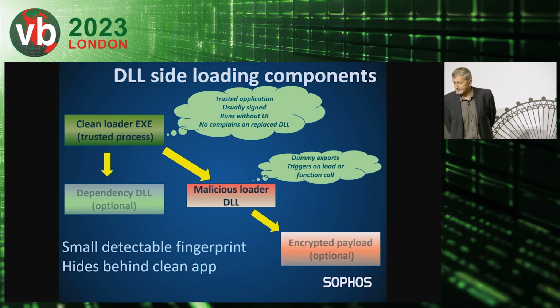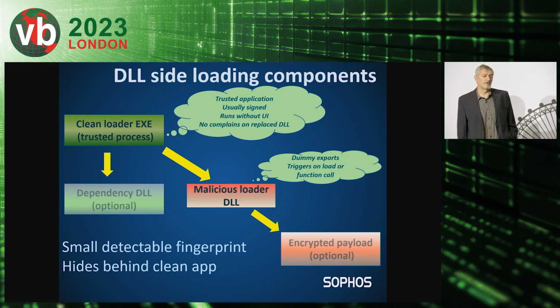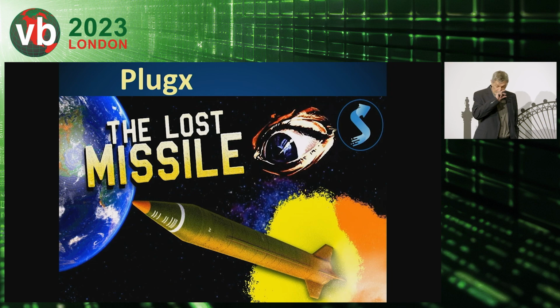In that case, the system will only contain a DLL file with a simple functionality: open a file, decrypt the content, and execute the content. And also an advantage of sideloading is that all the malicious activities will appear to come from the clean, trusted executable. So the first case would be Plugx.